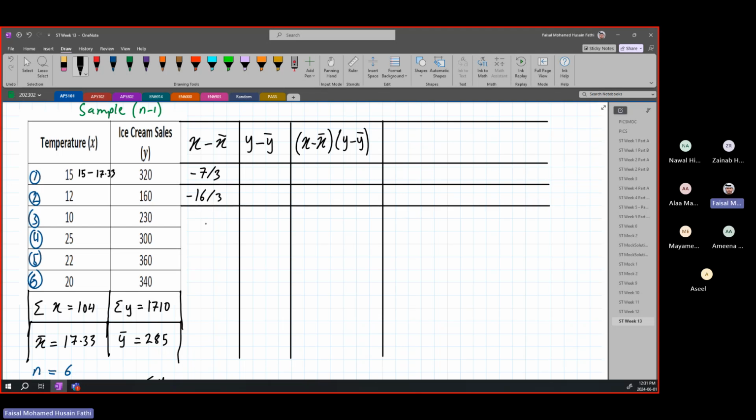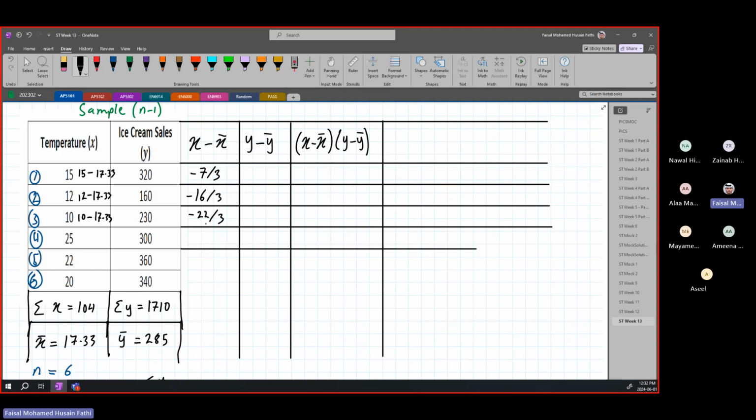And you will do the exact same thing for all the rest. So the next value is 10. So this was 12 minus 17.33, 10 minus 17.33, which is going to give us negative 22/3. Then you're going to do 25 minus 17.33, then this minus 17.33, and minus 17.33.